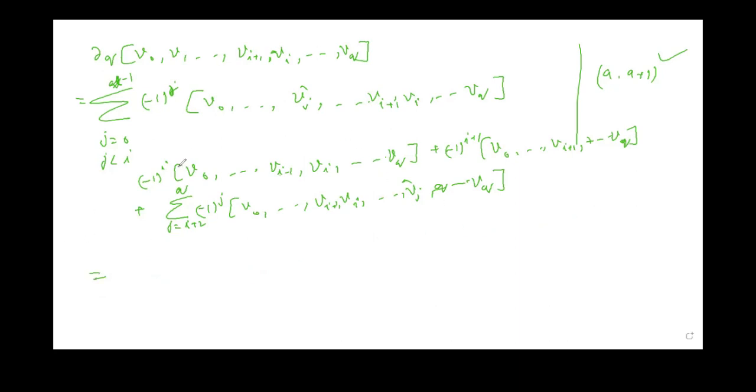If you carefully see this, then you'll find that this is the minus of the boundary of V naught, V1, up to Vi, V i plus 1.